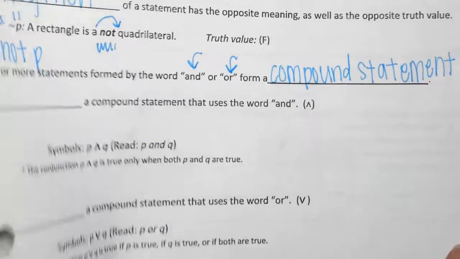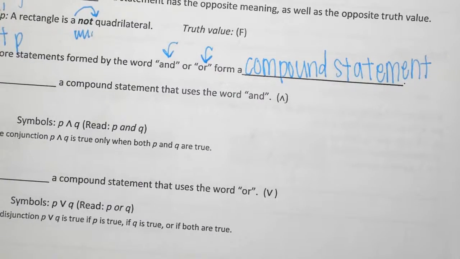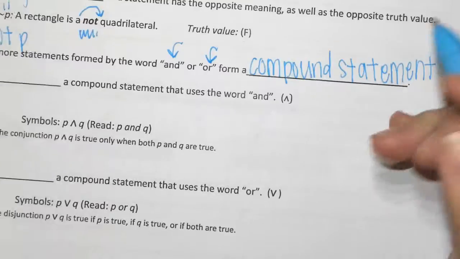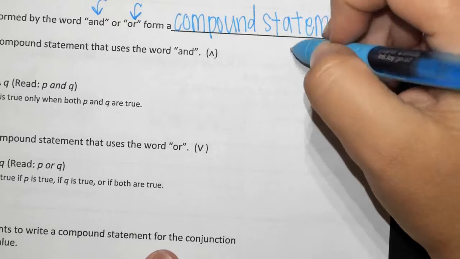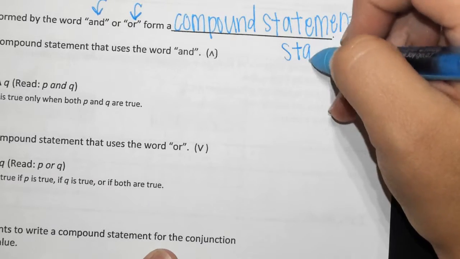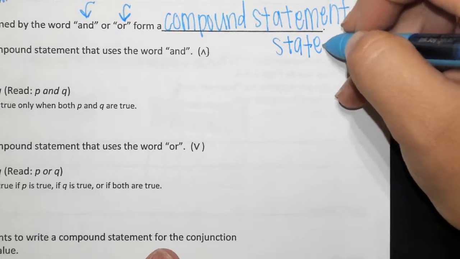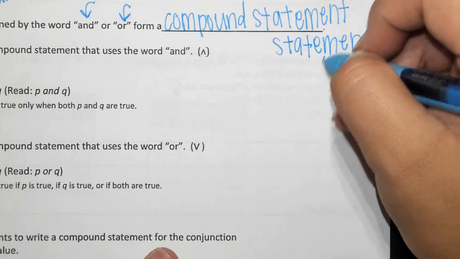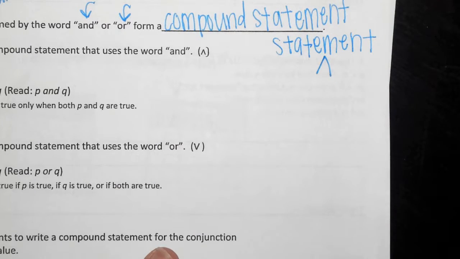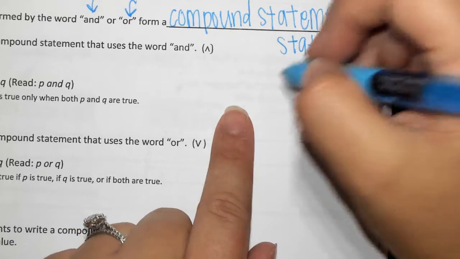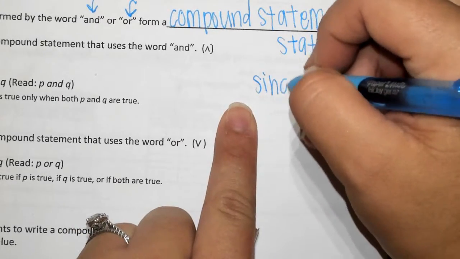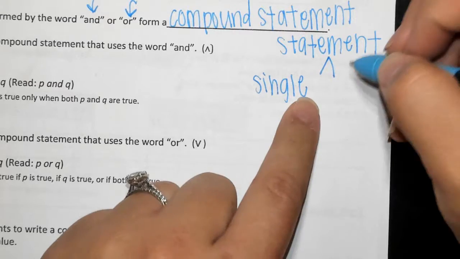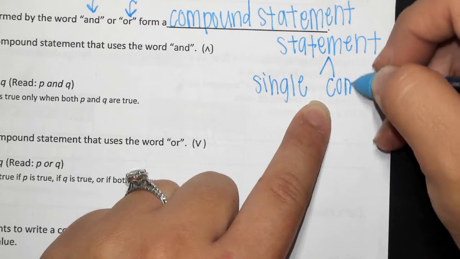This helped last period, so I'm doing it again. We have statements. Let's make a little tree. From there, write this down. From just a statement, it can either be a single statement or it can be compound.